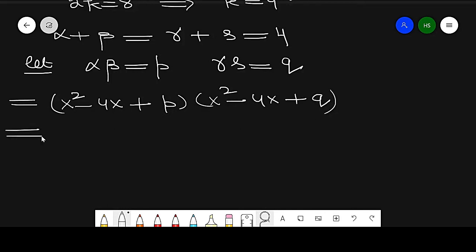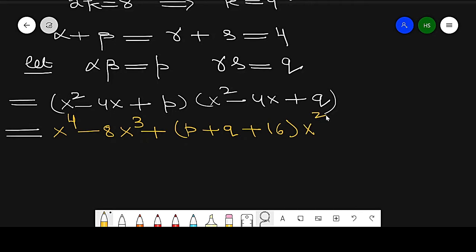This can be written as x raised to power 4, then x cube, which is minus 8x cube, then x square, which is p plus q plus 16 into x square, and next is x, which is minus 4 into p plus q into x, and plus pq, which is the constant term.